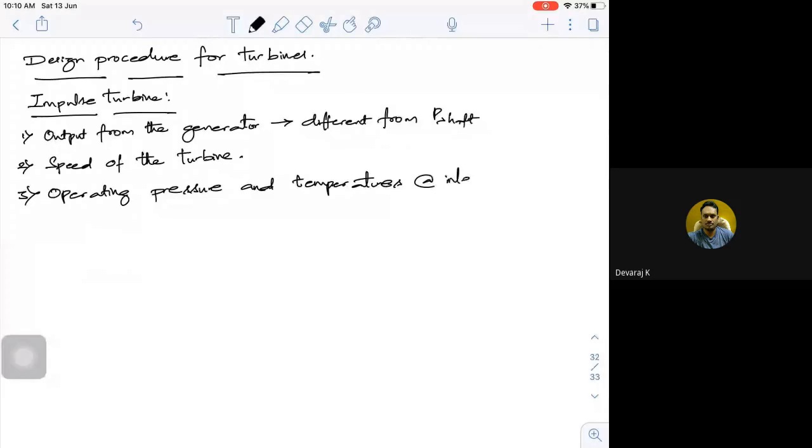So usually we will be having either atmospheric pressure and atmospheric temperature. Okay. Then the most important thing is the back pressure or the exit pressure. We call it the exit pressure, because this clearly tells me what is my operating pressure.